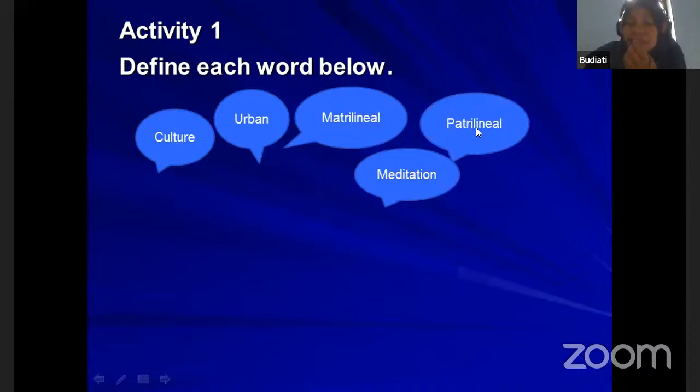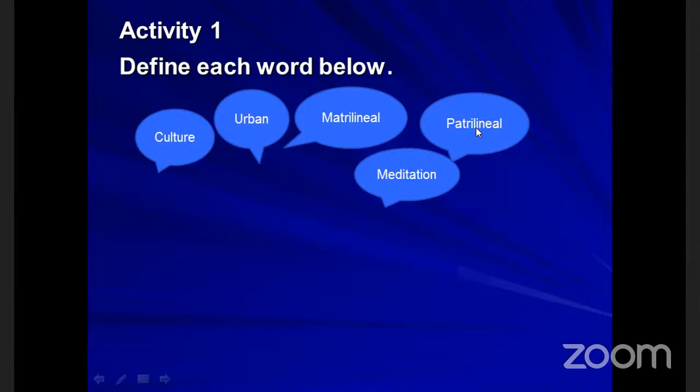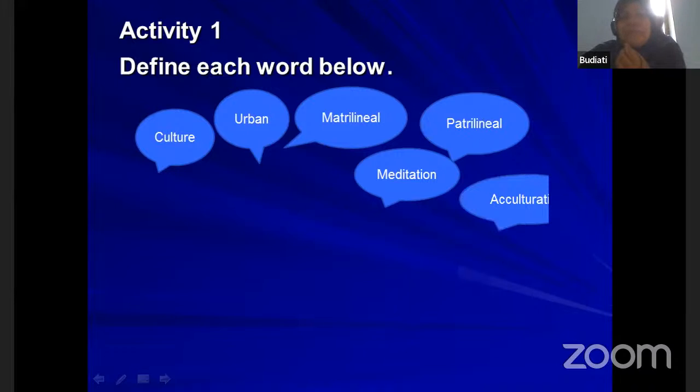The next, okay, tadi ada matrilineal and patrilineal. Matrilineal, this is the kind from the mother line. So patrilineal, this is from father line. Okay. The next, ada acculturation. Have you ever heard about acculturation? Dalam bahasa Indonesia kita langsung mengadaptasi bahasa itu. Kalau dalam bahasa Indonesia kita menyebutnya sebagai akulturasi, ada ya akulturasi budaya.